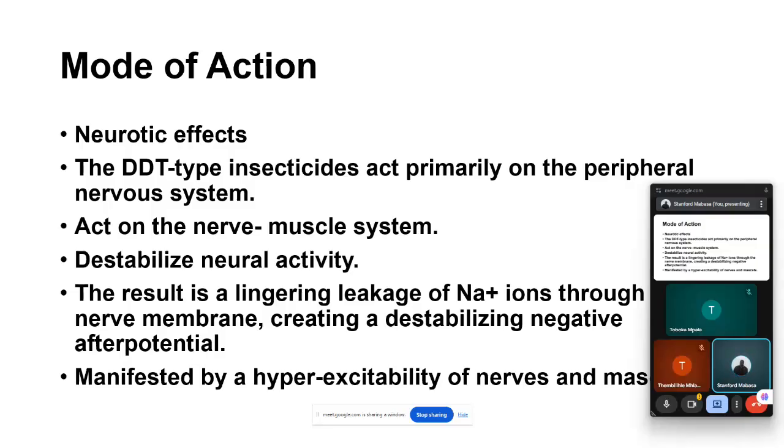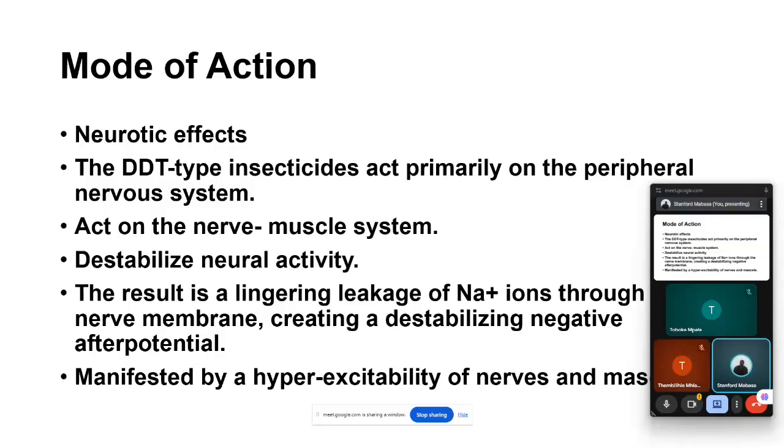So this can cause what is known as hyperexcitability of nerves. And this can actually kill the insects. Remember, the carbamates and the organophosphates affect the nervous system, but those two affect the areas where you have two systems coming together.